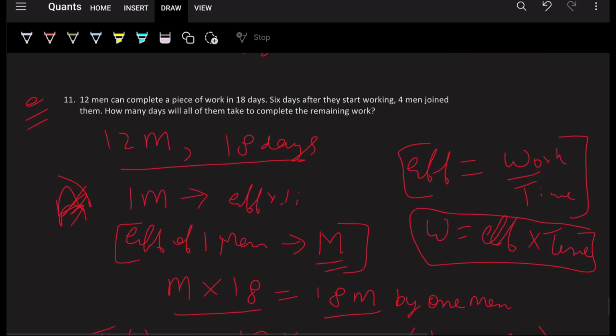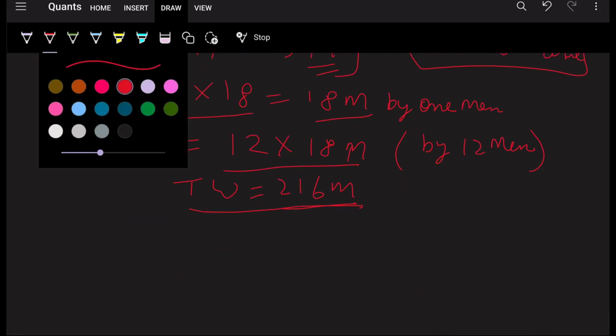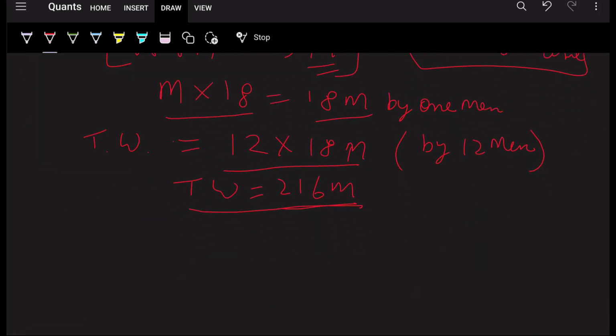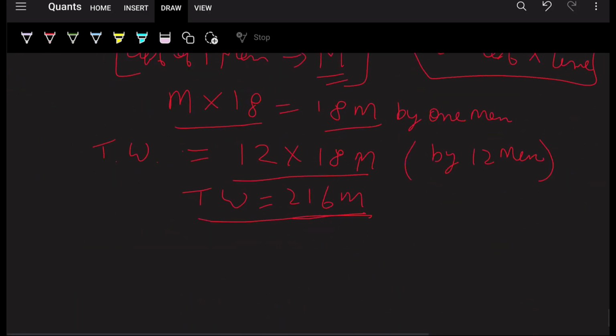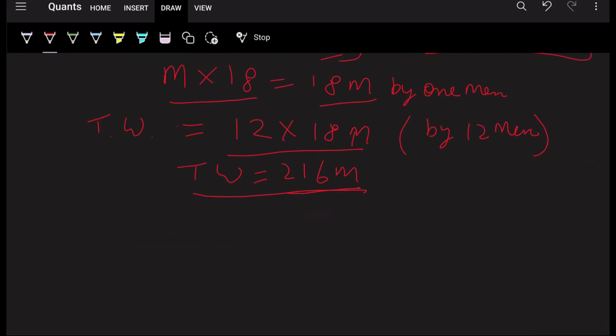6 days after they start working, 4 men join them. So now according to the question, for 6 days these 12 men work, so 12 into 6 into 1, plus 4 men join them, so there will now be 16 people, and efficiency m.